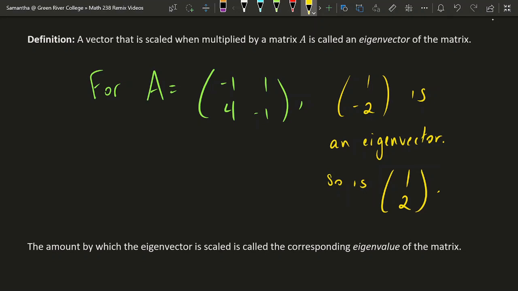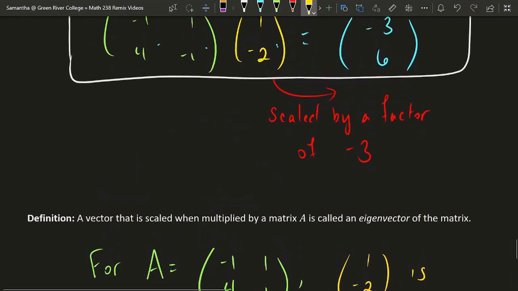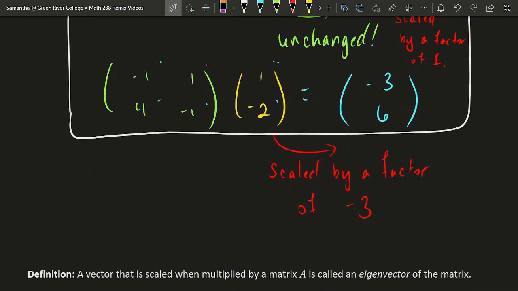Now, the amount by which an eigenvector is scaled is also an important number that we will be using in many problems. The amount by which an eigenvector is scaled is called the eigenvalue corresponding to that eigenvector. So, for example, in the previous exercise, when I applied the matrix to the vector 1, -2, the answer was a scaled version of the original, scaled specifically by -3 units.